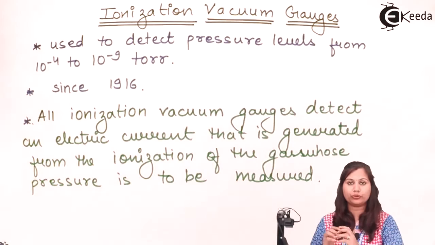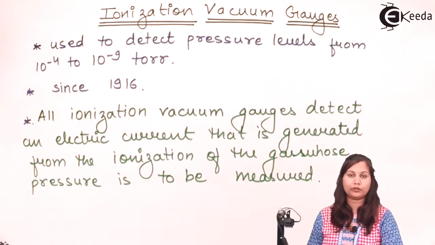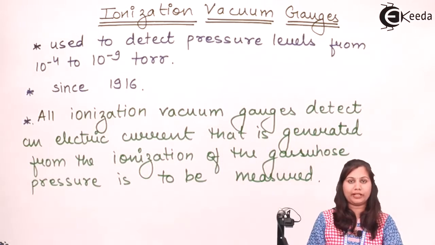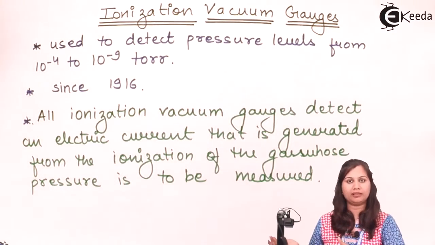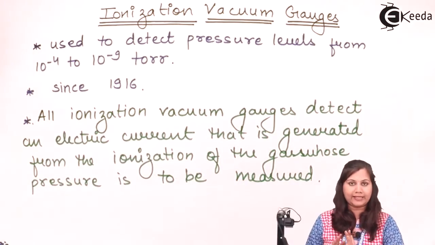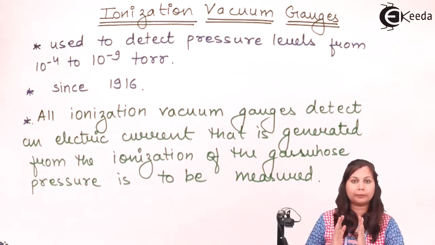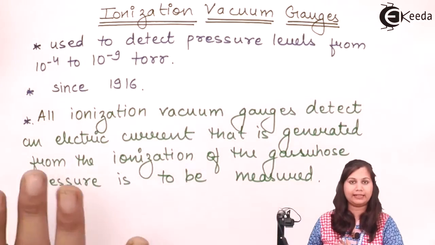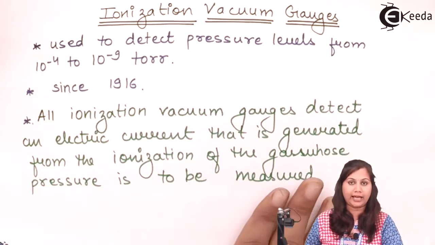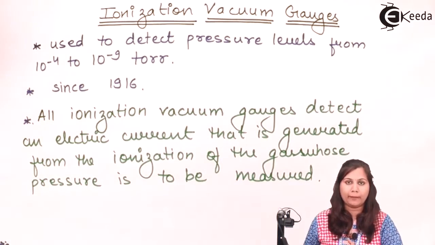Due to the ionization of the gas molecules, electrons will be generated, and the more electrons generated, the more the electric current. So the ionization vacuum gauges work on the principle of detecting an electric current which is generated from the ionization of the gas whose pressure we want to measure.